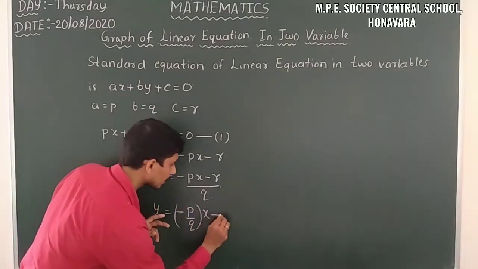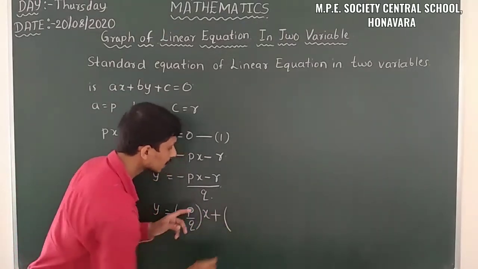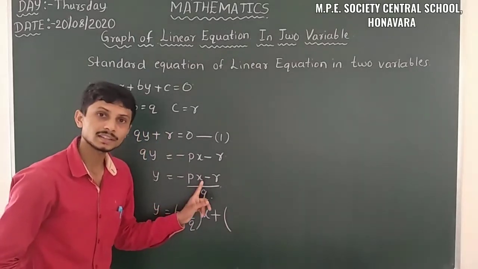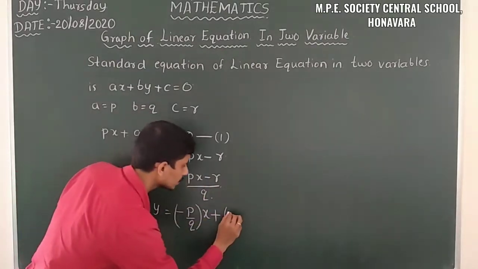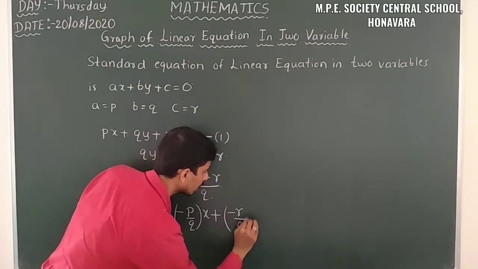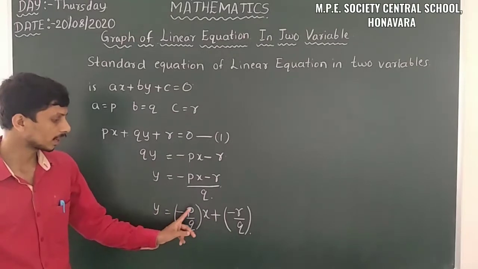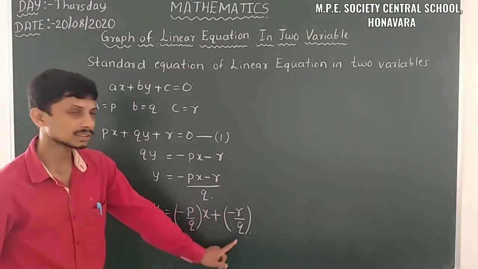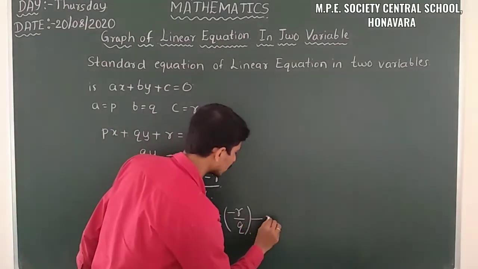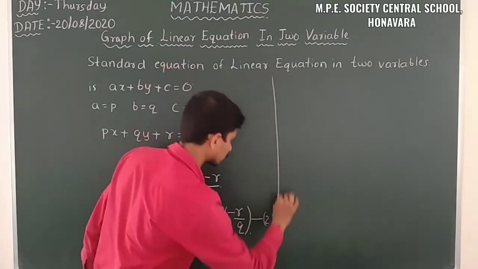When I take the plus sign, we have to keep minus with r. So that means minus r divided by q. So this is our required formula: y is equal to minus p by q into x plus minus r by q. I will take this as equation number 2.